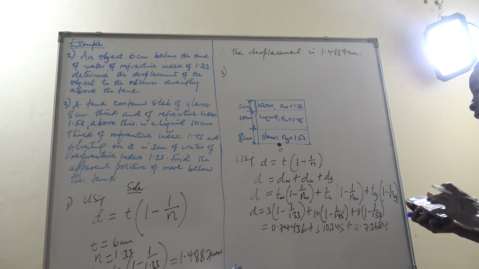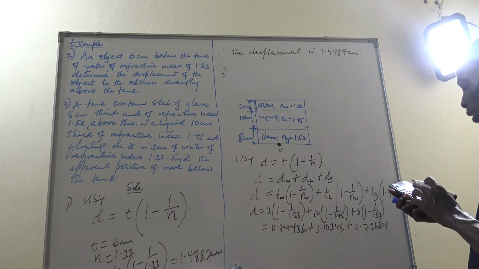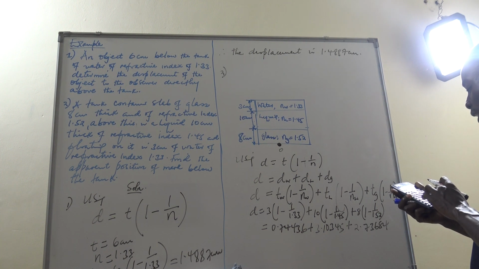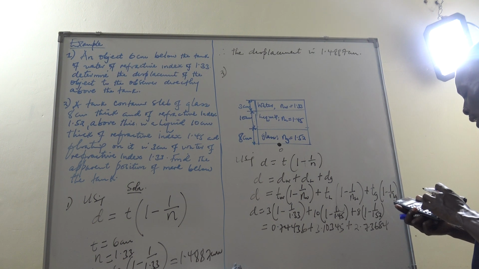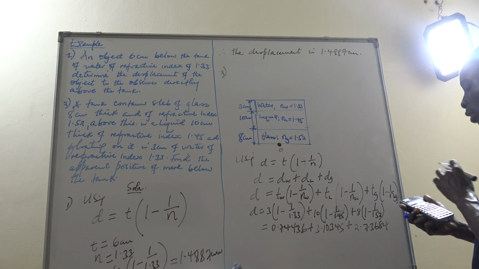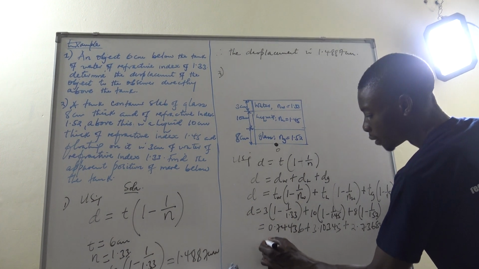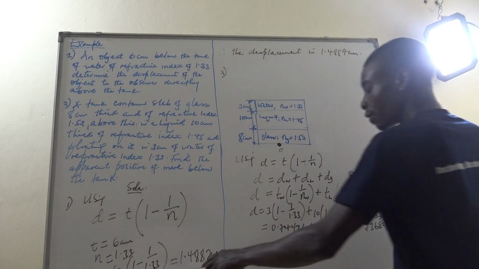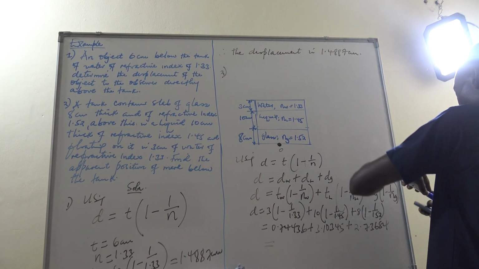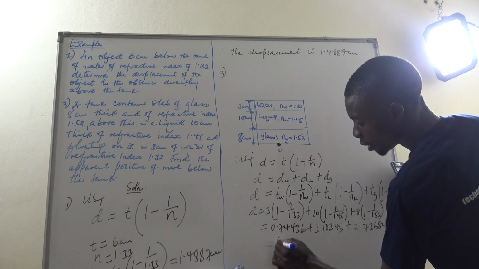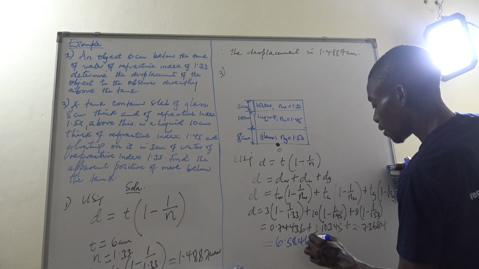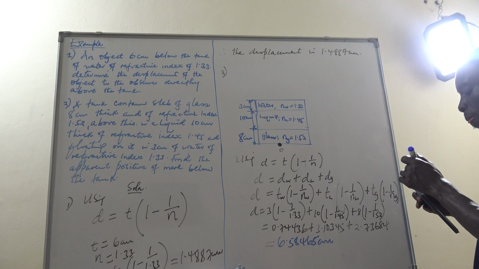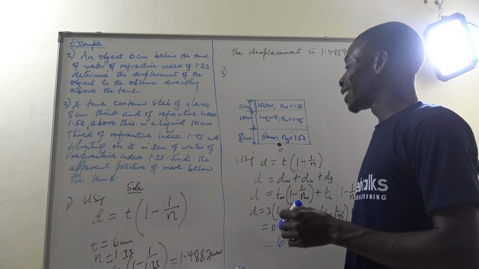Then plus 3.10345, and then plus 2.73684, to give me a resultant value of 6.58465 centimeters.